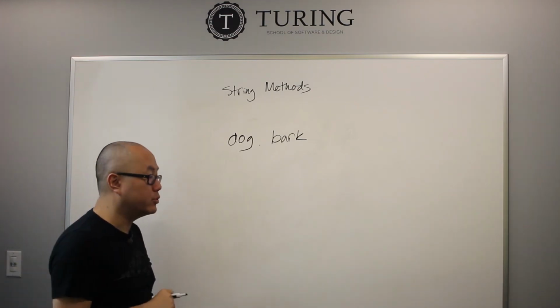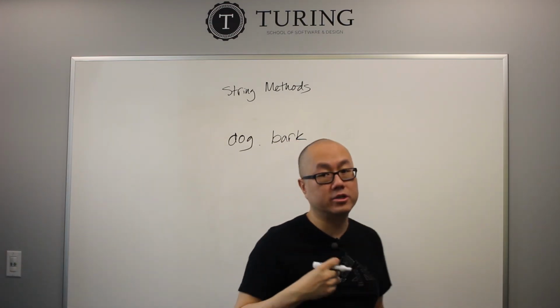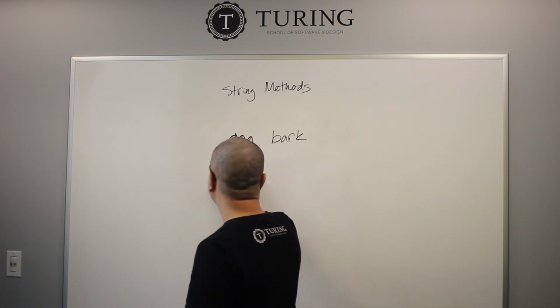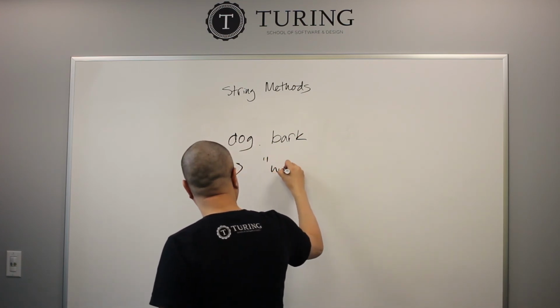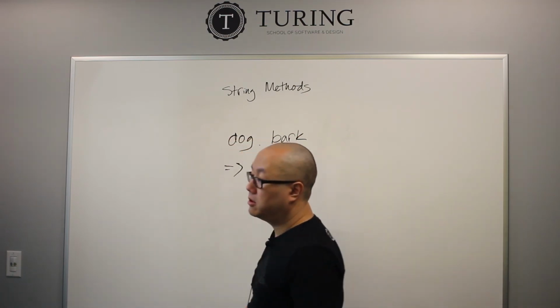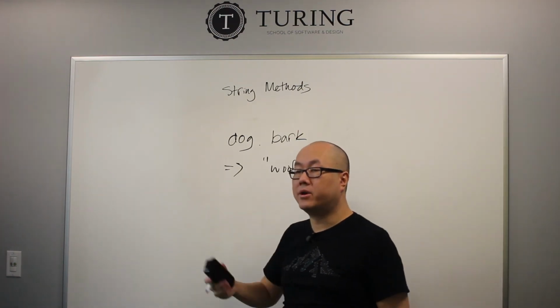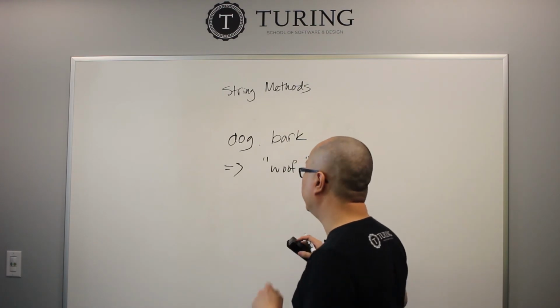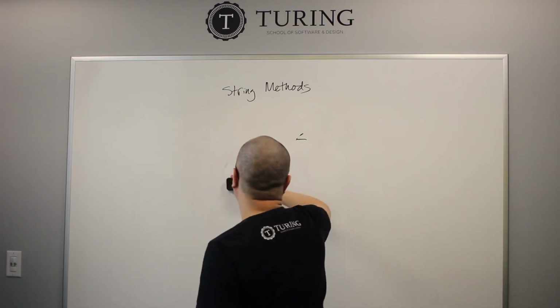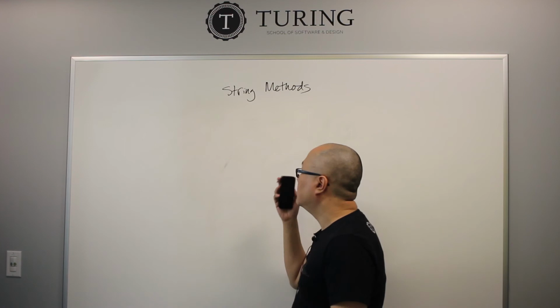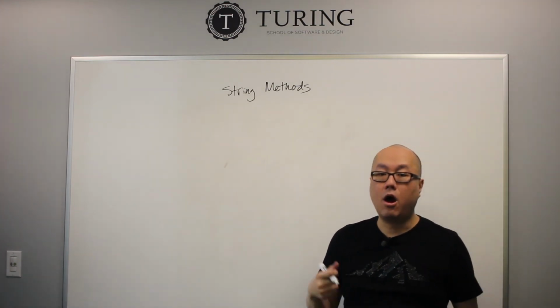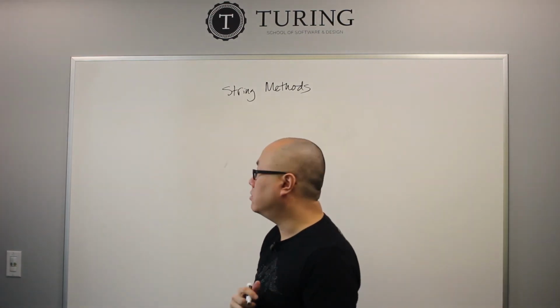We want to do the same with strings. We want to run a method on a string. And we can say that when the dog barks, it's going to return us woof. So when we run a method on a string, we want it to return us something. I'll give you an example. The great thing about Ruby methods is that they often do what they sound like they're going to do.